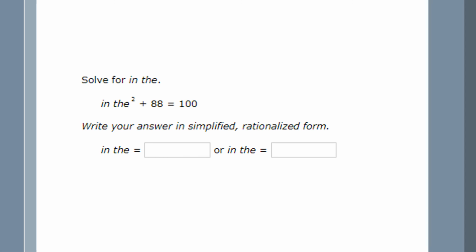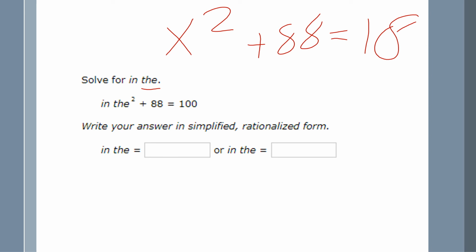All right. So D is pretty much saying x squared plus 88 equals 100. So you solve that and remember to simplify your radical. Say if I was to have 63, for example, as a radical.